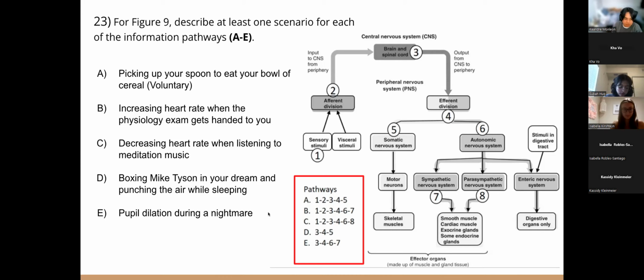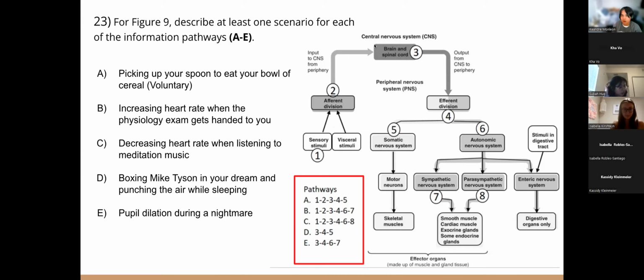In terms of E, 3, 4, 6, 7, information is transferring directly to the sympathetic nervous system. An example would be pupil dilation during a nightmare. Pupil dilation is one of the physiological responses associated with the fight or flight response, right? And because it's a nightmare, it's derived straight from your brain and spinal cord, not externally.